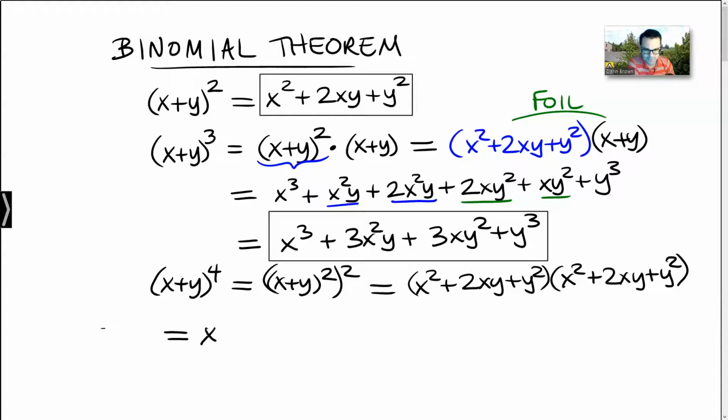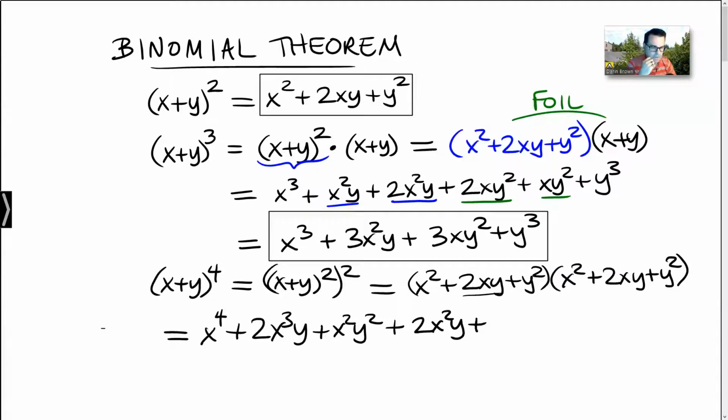We get x to the fourth plus 2x cubed y plus x squared y squared. Okay, now we're going to distribute the 2xy across. 2x cubed y.